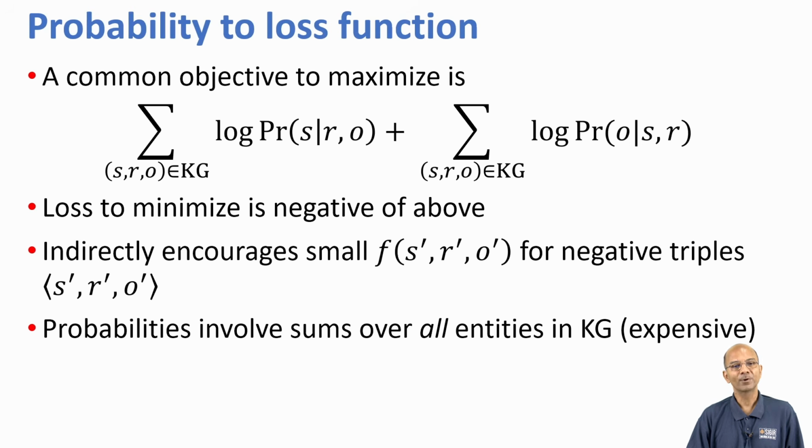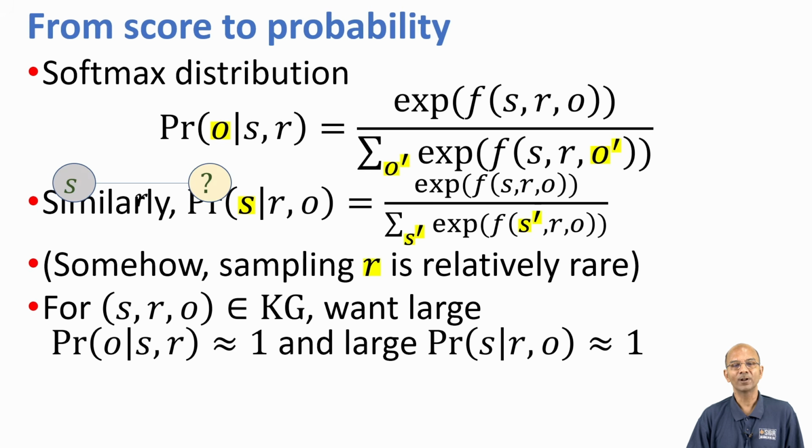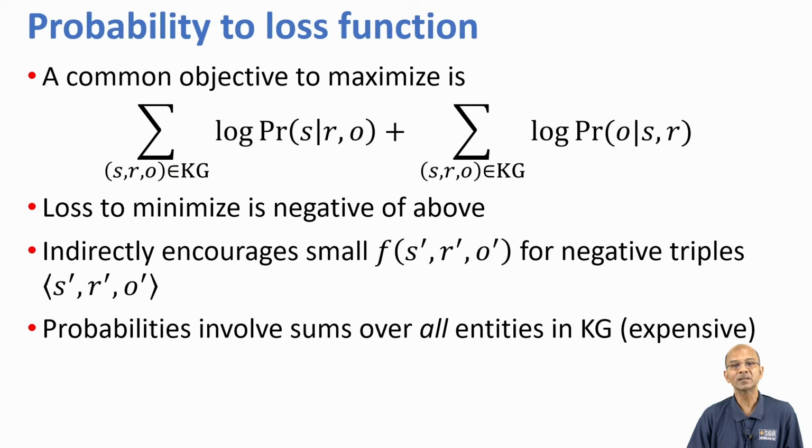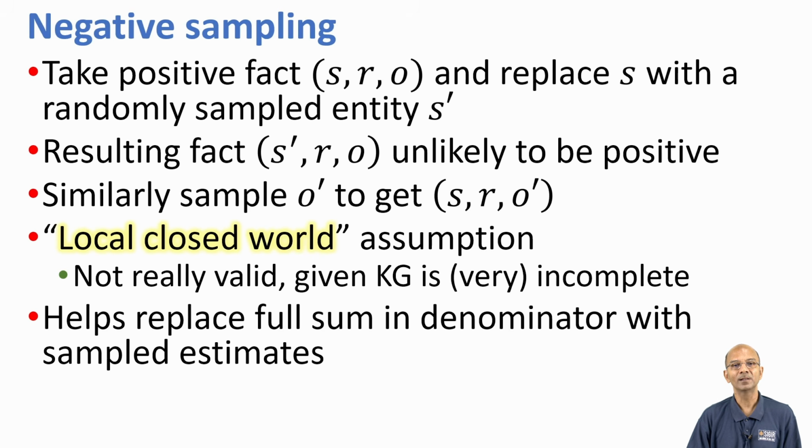Observe also that the probabilities in the denominator involve summing over all elements in the knowledge graph. And so that could be quite expensive. To save computational cost, we might want to sample the denominator. So we take a positive fact S, R, O, and then we replace S with a randomly sampled entity S prime.